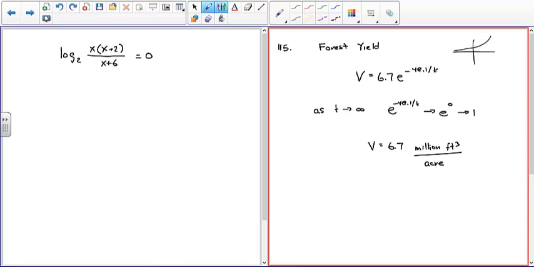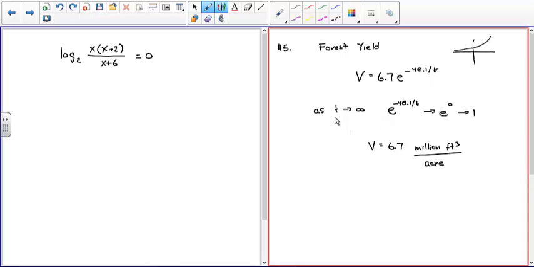This says that the forest yield has the relationship V, the volume of material, is equal to 6.7 times e to the minus 48.1 over t, where t is time.